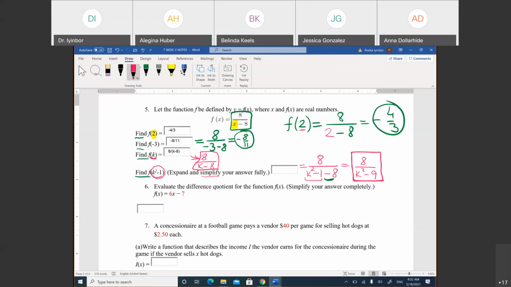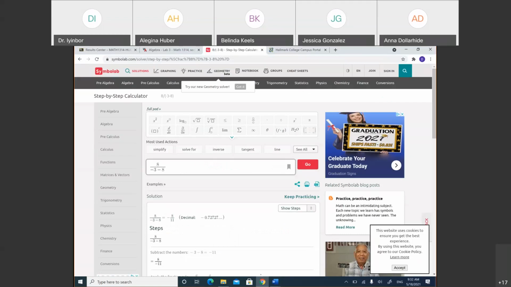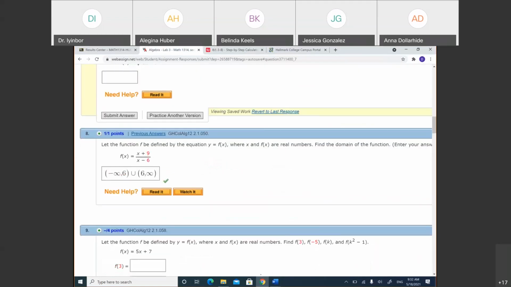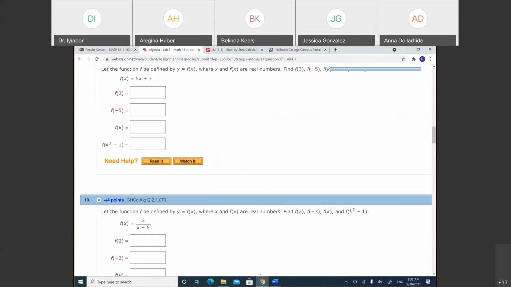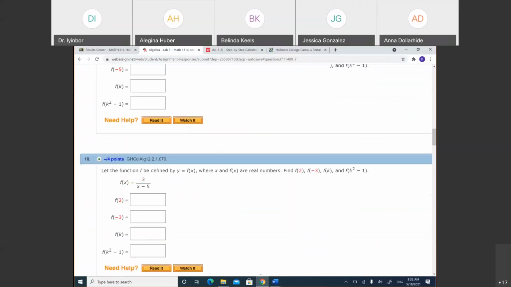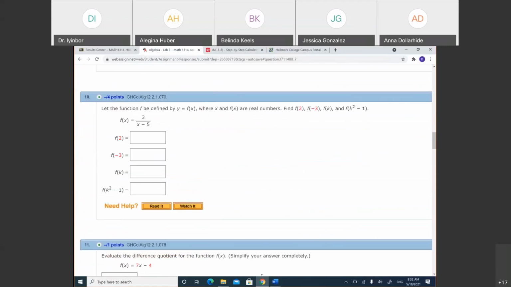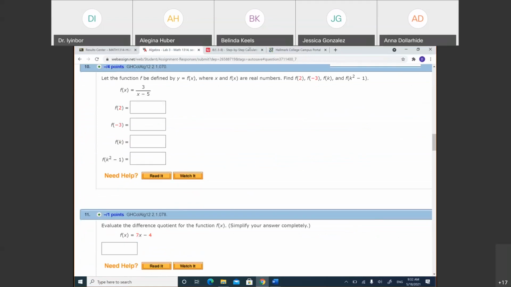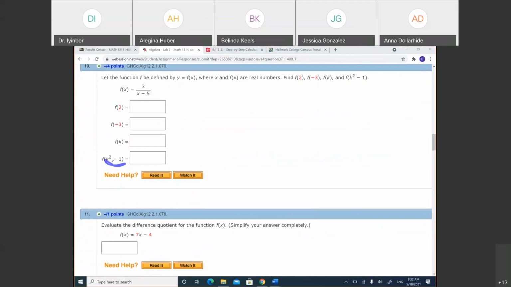Okay? And I can show you how to do that in WebAssign. So let me show you here. These two questions are the same. Number 9 and number 10 are the same. So I'm going to show you how to do the fraction one. If I want to do the last one I'm showing you, I'm going to have 3 over this function I'm going to follow.